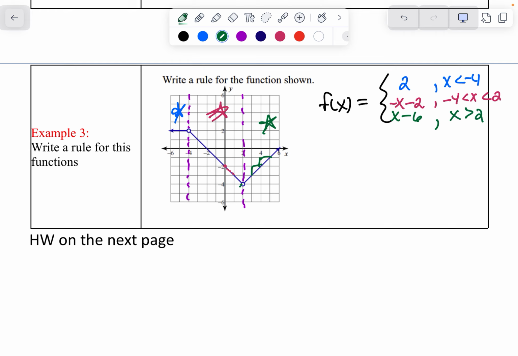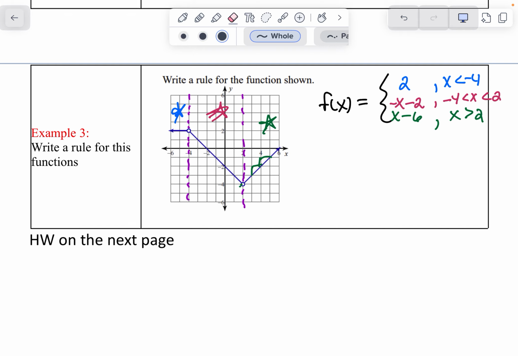So what a piecewise function has to include, where does this function live? How would I graph that function if it was just a normal good old function? Where does this function live? How would I make an equation for that? In this case, line. Where does this function live? How would I make an equation for that line? And sometimes you have to actually extend it out to make it work. But you can plug in points as well.